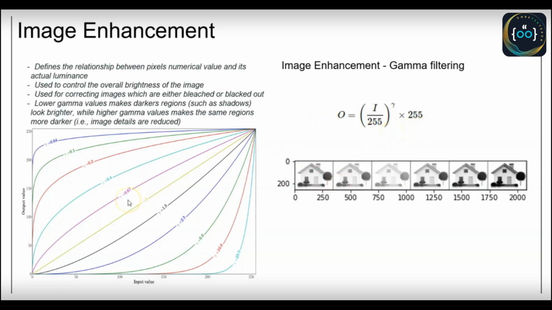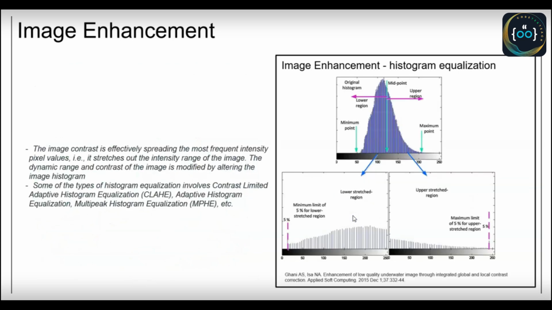How the image enhances for different values of gamma is shown in this graph, and it is also represented in the form of the improvement that we note in images. The next one is histogram equalization. This is a method to adjust image intensities to enhance contrast.